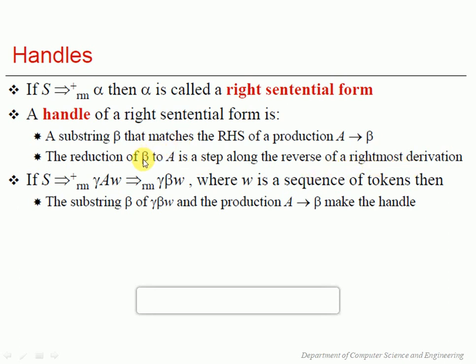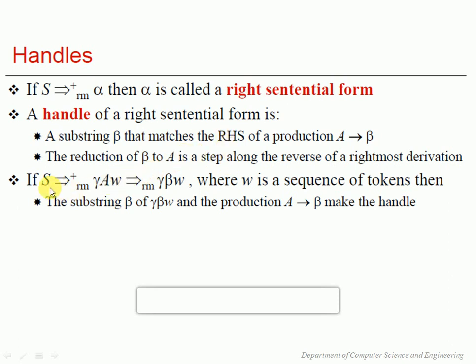If you find a substring which matches the right hand side of a production A gives beta, and it does not satisfy the second condition, that means it cannot be identified as a handle. So for a handle taken from a particular right sentential form, it has to satisfy both these conditions.